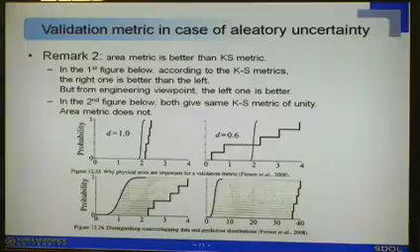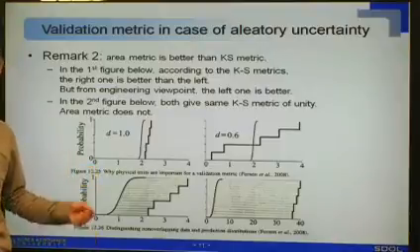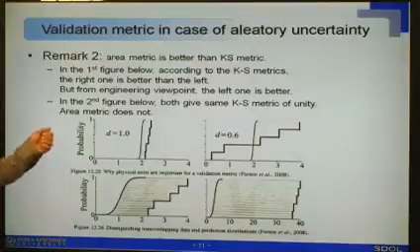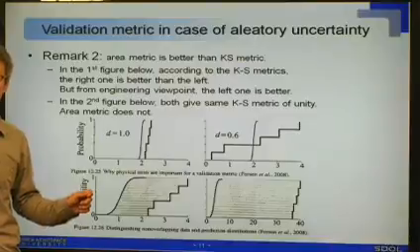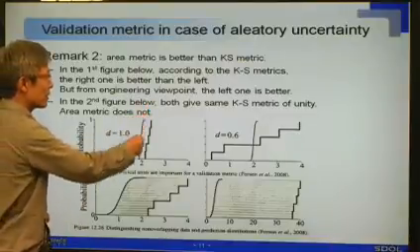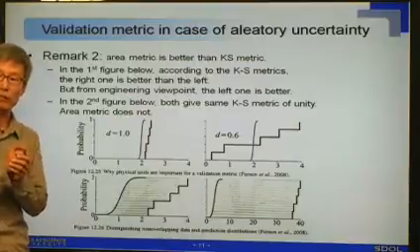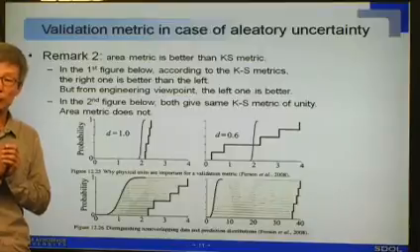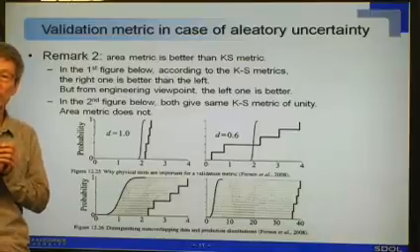Yeah, in case we have perfect agreement between the model and experiment, which should be possible only when we have an infinite number of data, and plot it on top of the model, then we will get a perfect agreement, a single CDF curve, and the area metric is 0.